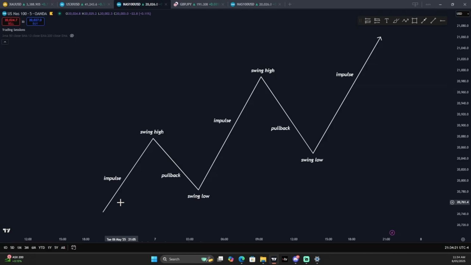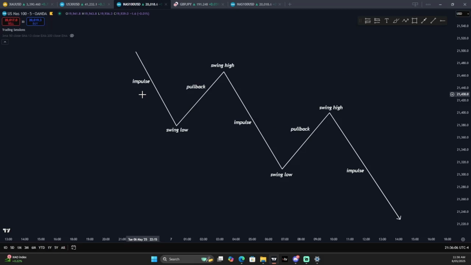Now, some buyers who are already in this impulse move may add to their position here, and also some traders who missed out on this previous impulse move see the market at a discount and then enter in right here. This is then going to form another impulse move, and this essentially repeats itself for the continuation of the uptrend.